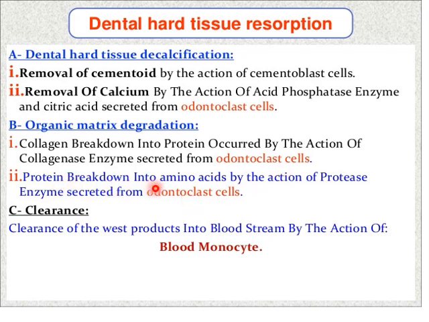Protein breaks down into amino acids by the action of a protease enzyme secreted from odontoclast cells. Then the clearance of this material, the degradation products of hydroxyapatite crystals and the organic matrix, and the waste product goes into the bloodstream by the action of blood monocytes.